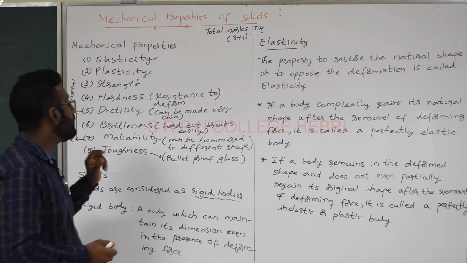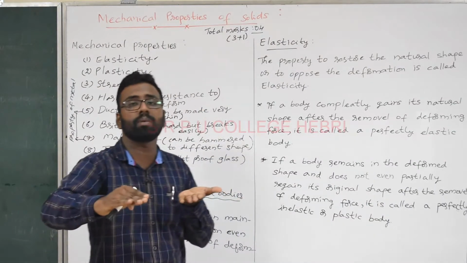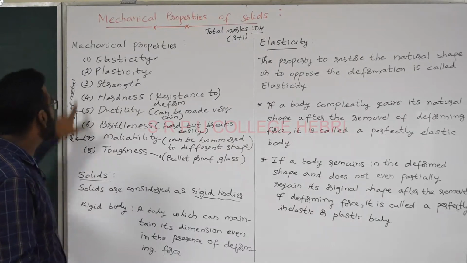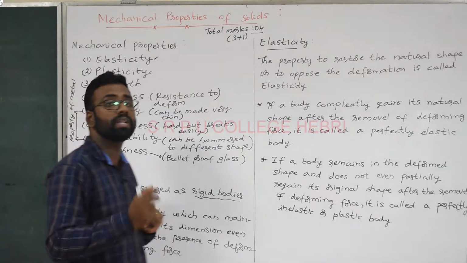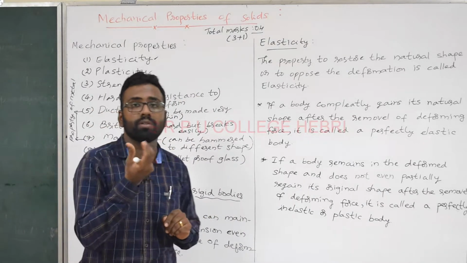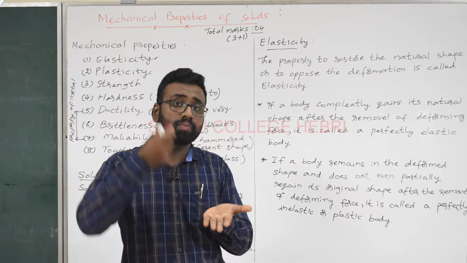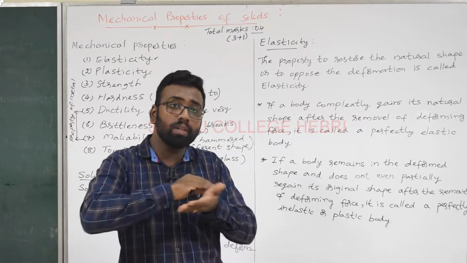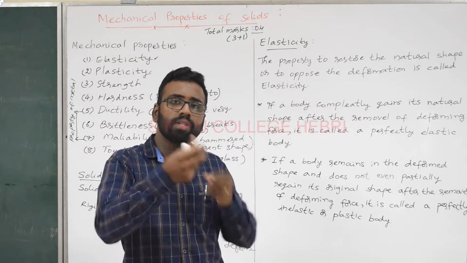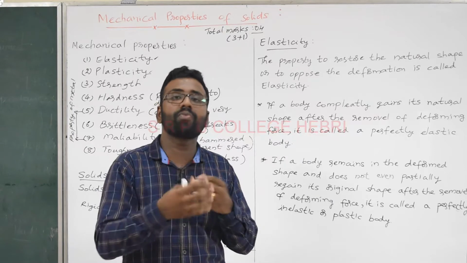Next one is malleability. Malleability means the material can be hammered into a very thin shape. Malleability and ductility are considered to be properties of metals, which you will be studying in your chemistry. If you consider the making of gold ornaments, what do they actually do? They continuously apply a lot of force, and the gold they get from mining undergoes different processes.